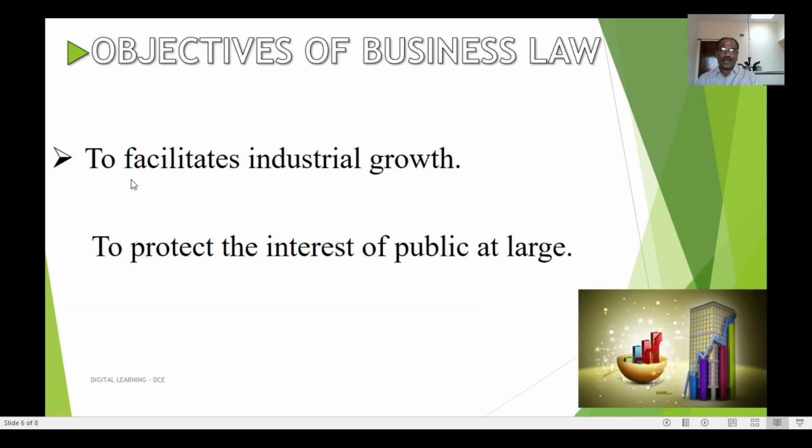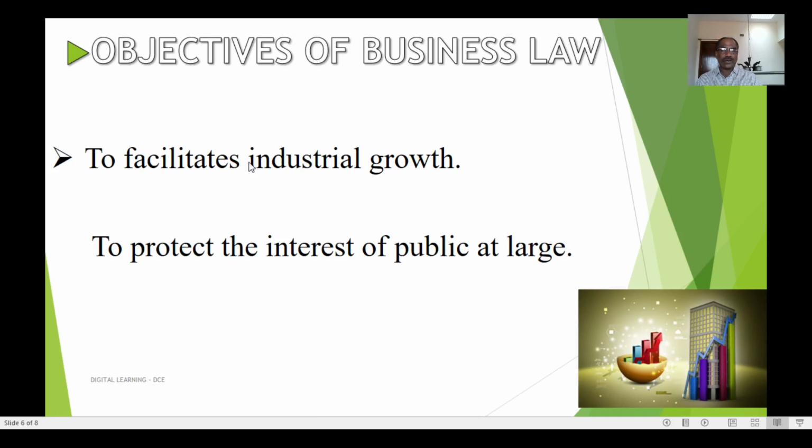Next, one more objective of business law is to facilitate industrial growth. Along with the other sectors of the economy, that is the agriculture sector and the service sector, economic growth is possible with the help of business law. And here, what is the link between business law and industrial growth?